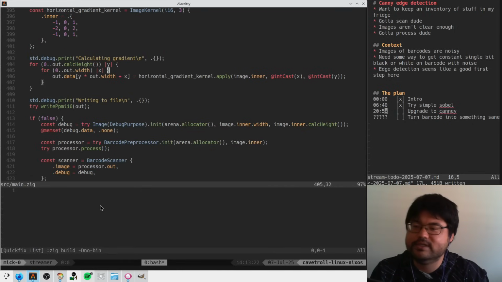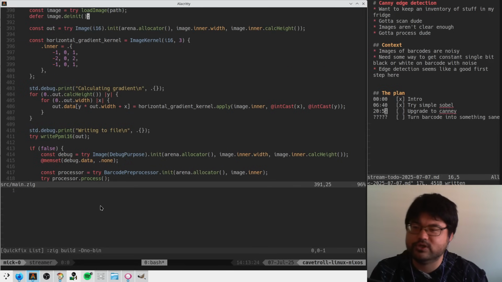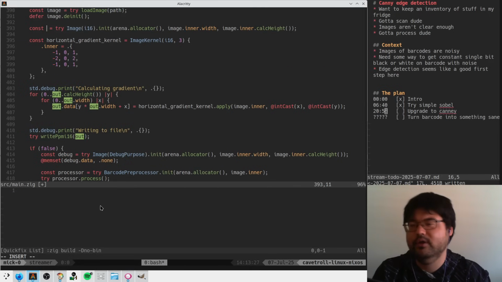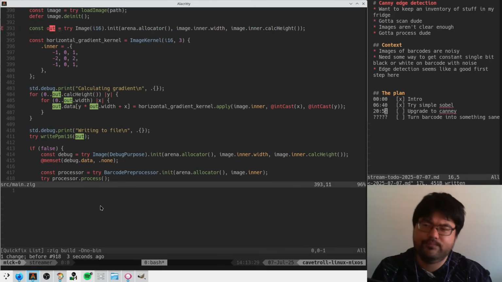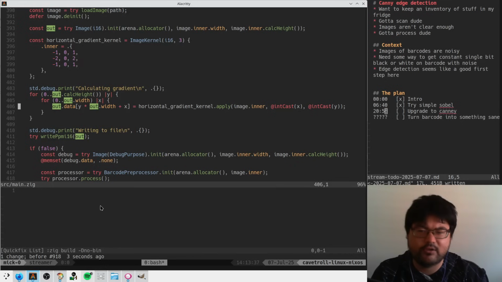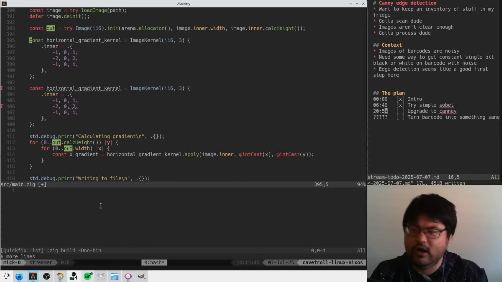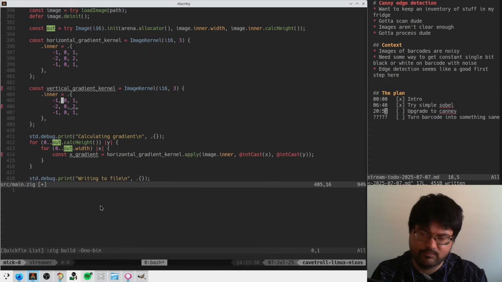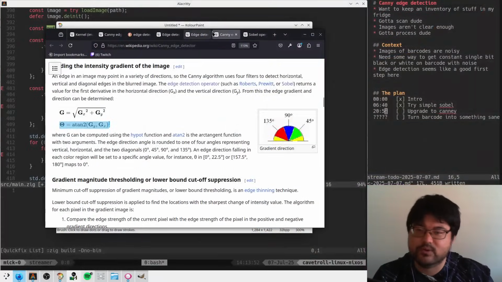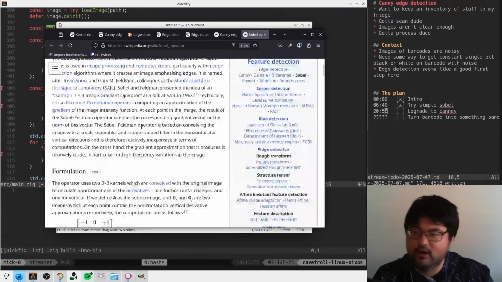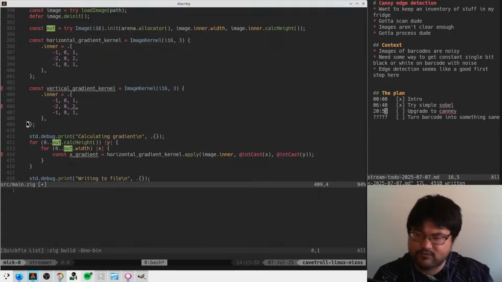So what we have here is the horizontal gradient kernel. This output can still be the output, but it's going to be calculated slightly differently, right? So the x gradient is the same thing, but we need a vertical kernel as well, which is basically just this thing flipped, mirrored, right? So you need to define your direction, but it probably doesn't really matter. But in the Wikipedia they had negative on top.